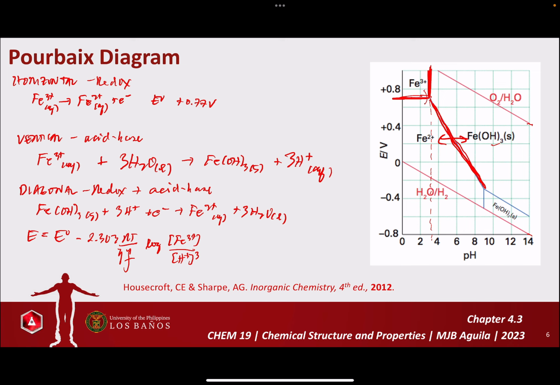The slope of the line is equivalent to negative 0.0592 volts divided by the number of electrons involved, multiplied by the number of H plus that are involved.